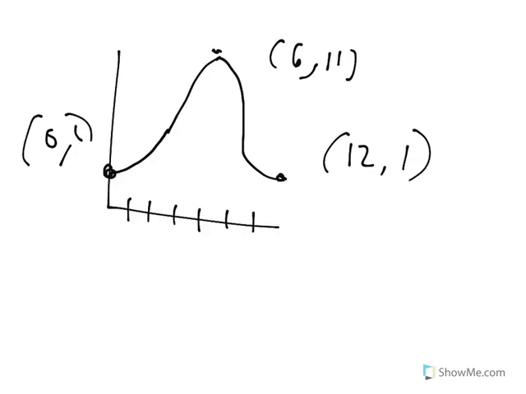Now that we have this idea of radians, sometimes we want to model a real-world situation. Maybe this is time, this is feet, just different things. But here's a situation where the starting point of this upside-down cosine curve is 0, 1, and the starting point of the next cycle is 12, 1, and its maximum here is 11.